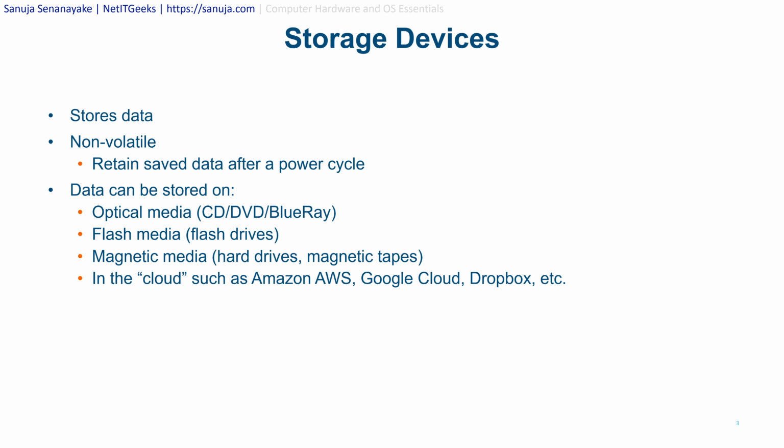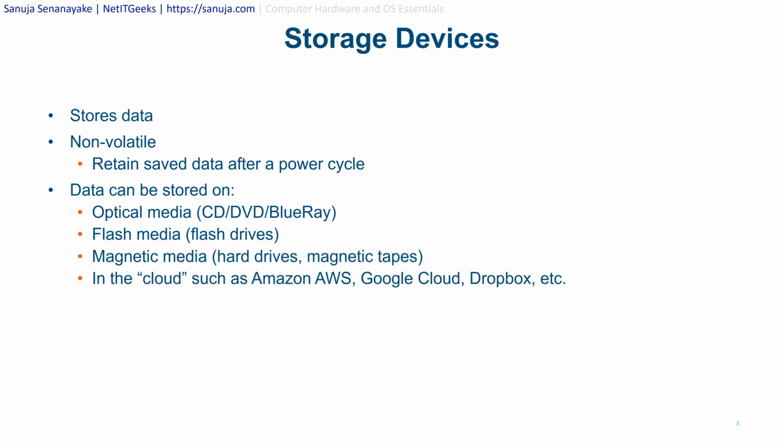Keep in mind, the term cloud is used to basically give that responsibility of storing data to a third party. For example, if you use Amazon AWS, you are basically storing your data on Amazon servers. It doesn't mean that you eliminate the storage devices out of the equation.